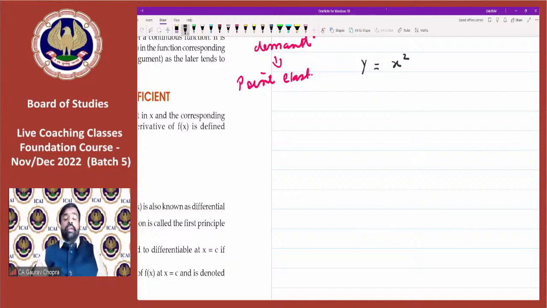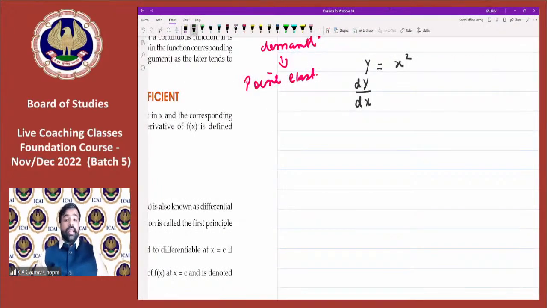Now, if we have to find the rate of change, that means differentiation, another term for differentiation is derivative. If we have to find the derivative of y, we will write dy by dx.